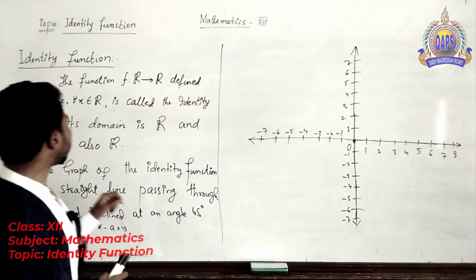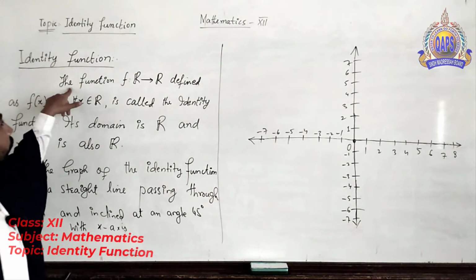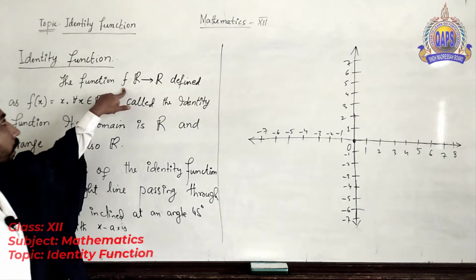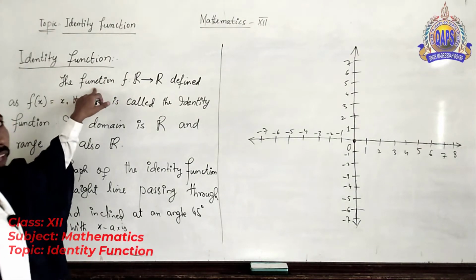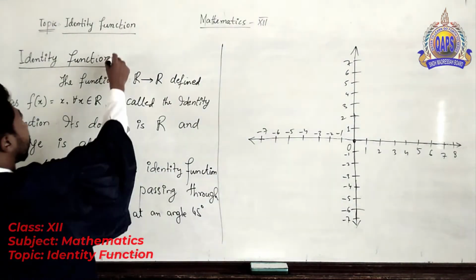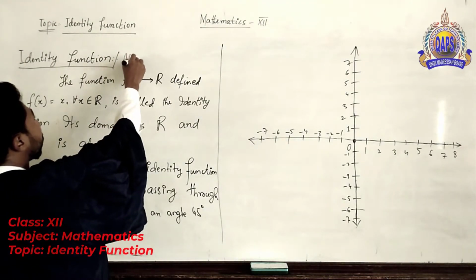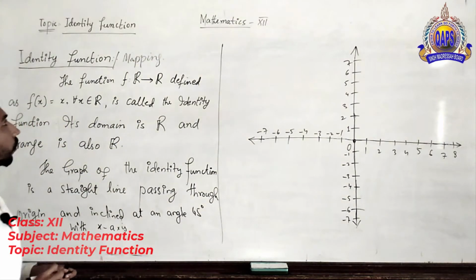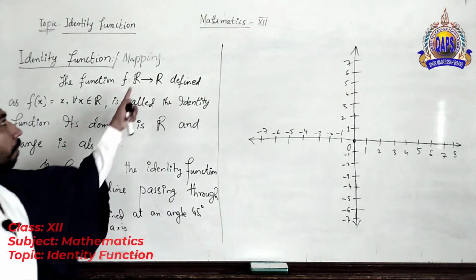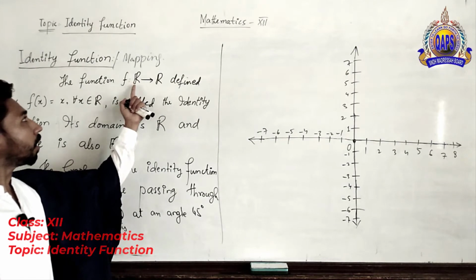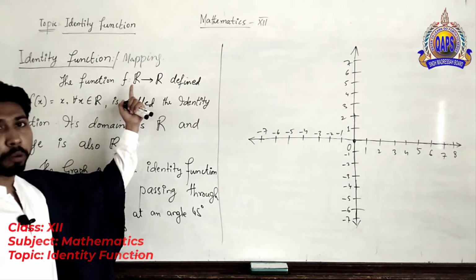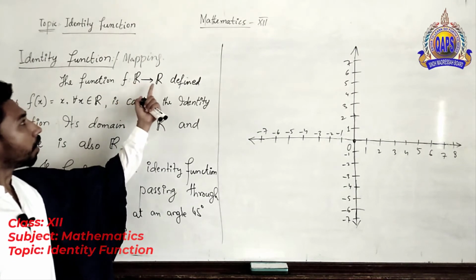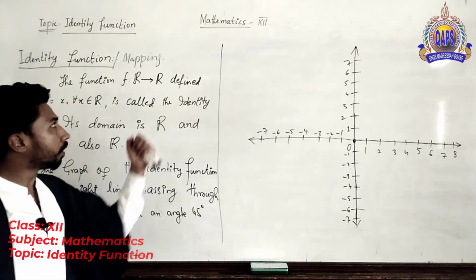First of all, the definition of identity function is that the function f, another name for which is mapping, function or mapping. The function f from real to real. The first R represents the domain of the set, and the second R represents the range of the set.